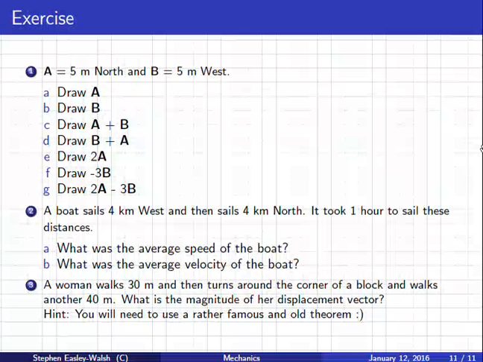So that would be 5.65 steps northwest divided by, what was the time? 9 seconds. So you get 0.628, so 0.629 steps per second northwest.